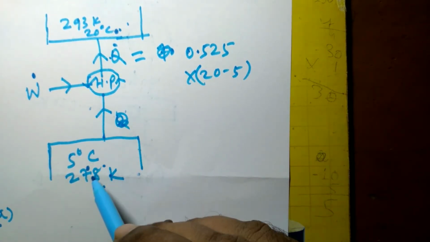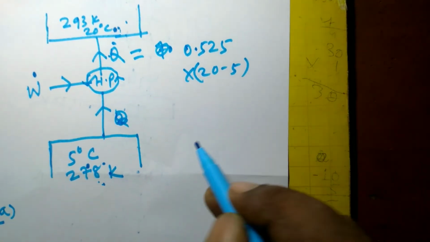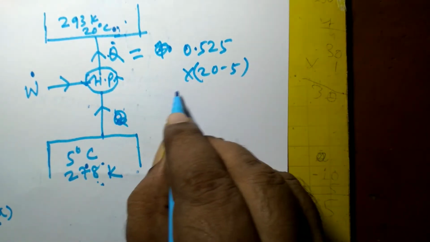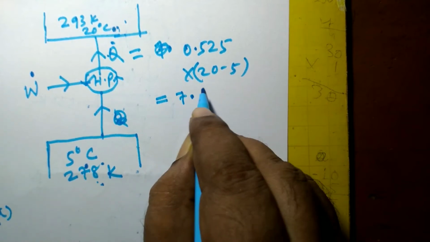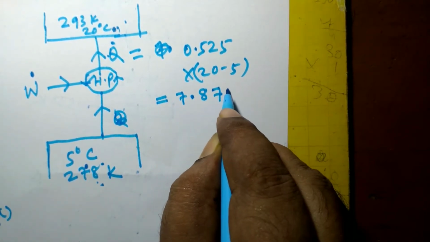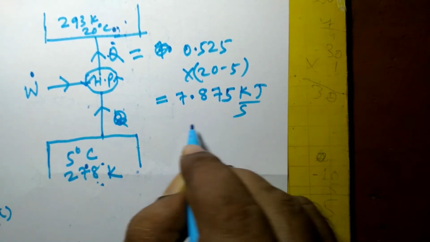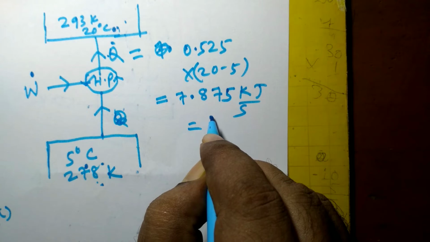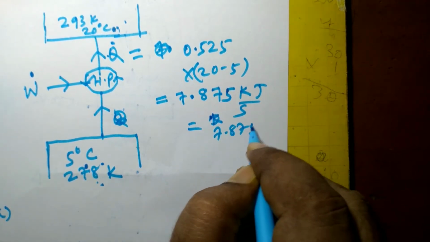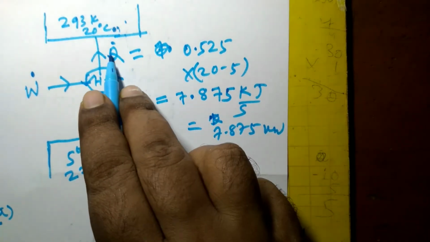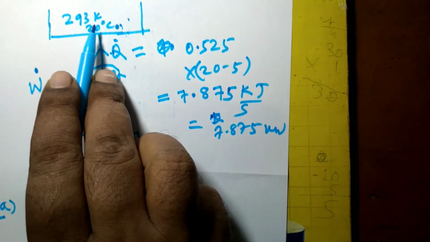Here the temperature difference between the room and surrounding is 20 minus 5, that is 15. So 0.525 into 15 is equal to 7.875 kilojoule per second, or 7.875 kilowatt. This heat has to be supplied to this room to maintain the temperature of the room at this level.